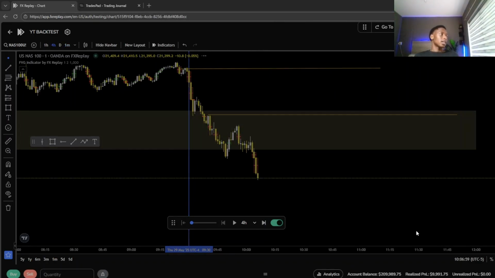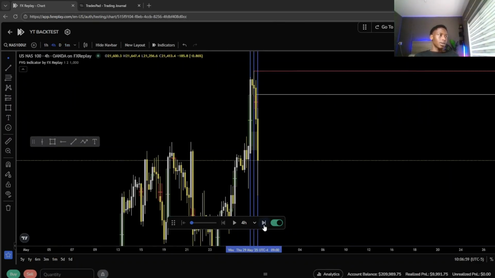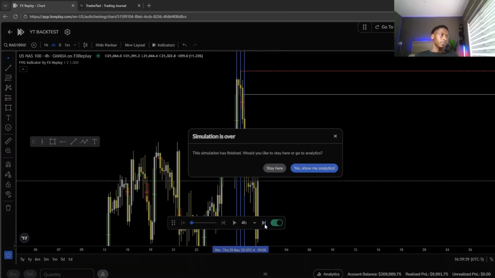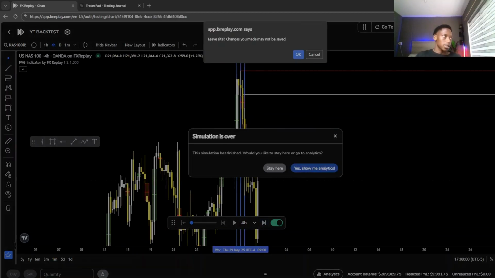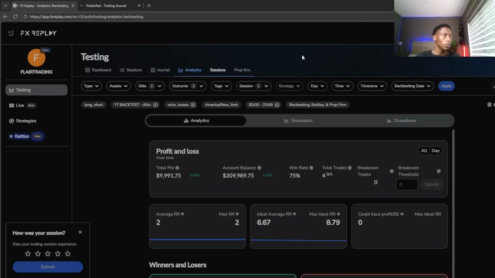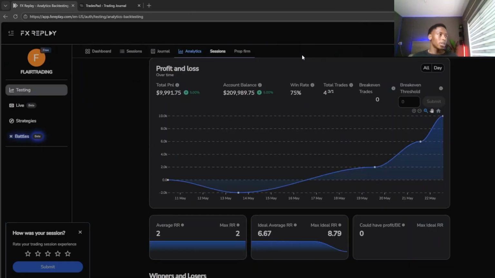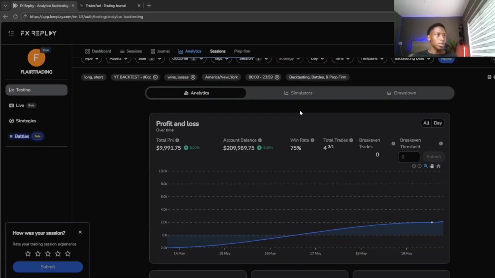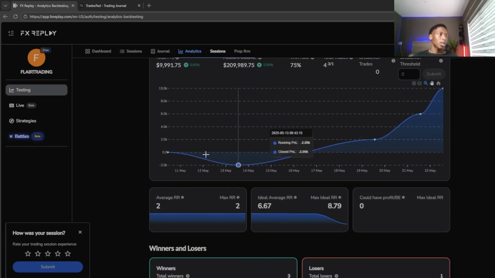Let's see our data. Let's see our analytics. Show me analytics. Profit loss. So we have a 75% win rate. Bingo bango, beautiful stuff. We took 4 trades. We won 3. We lost 1. Look at our equity curve.